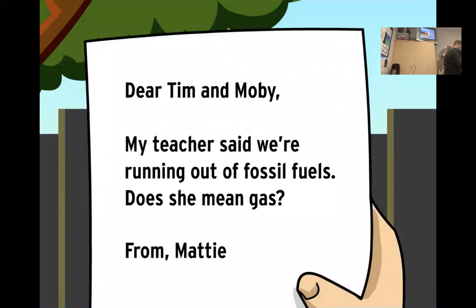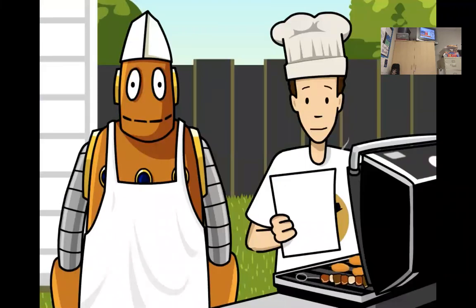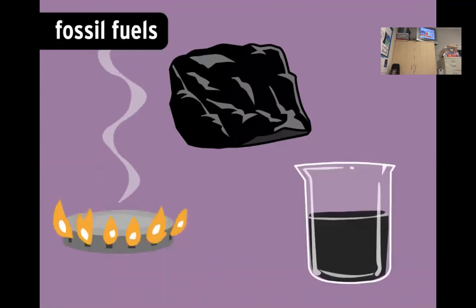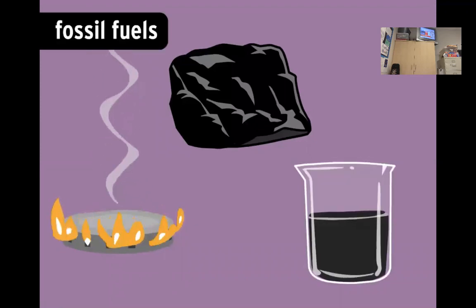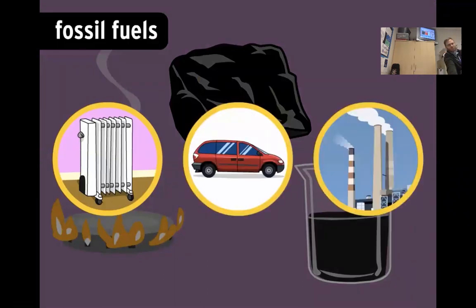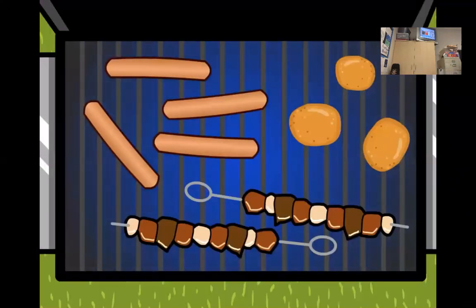Dear Tim and Moby, my teacher said we're running out of fossil fuels. Does she mean gas? From Maddie. Hey, Maddie. Natural gas, along with coal and oil, are all known as fossil fuels. We use fossil fuels to heat our homes, run our cars, and power industrial plants. And, more importantly, we're using them now to cook these hot dogs.